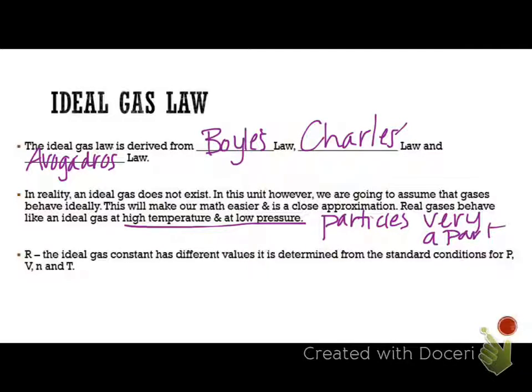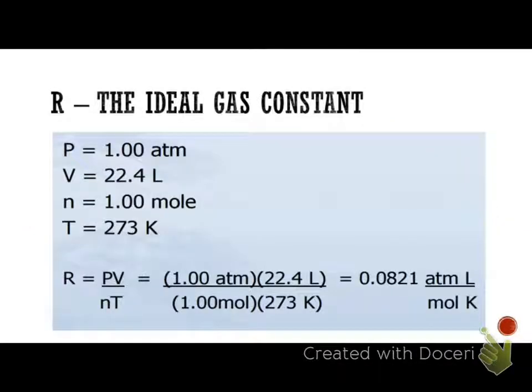So this ideal gas law constant is determined by the standard conditions for pressure, volume, moles, and temperature. And this next slide will show you a little bit how it is derived. Remember, 1 atmosphere is standard pressure.